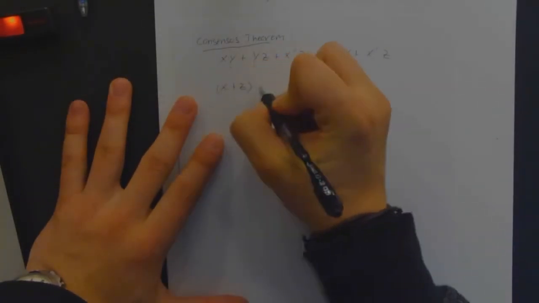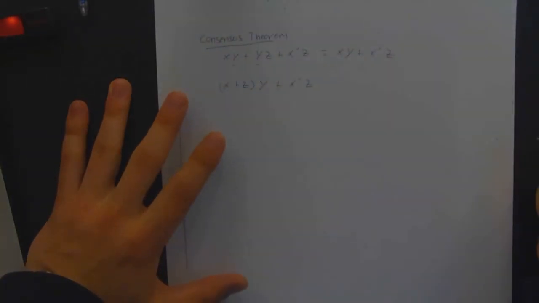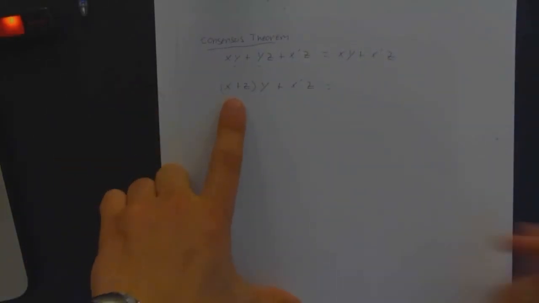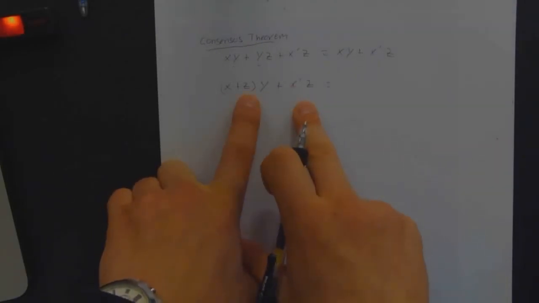So we see that this is in common, right? So we got x or z, y, right? Or x prime z, right? So it's still equal to this, and then we can... What am I missing? I'm missing something here.